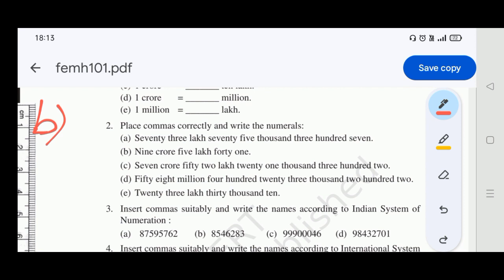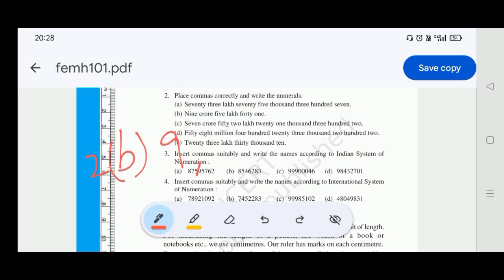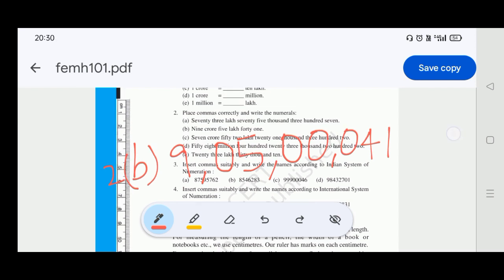So it is 9 crore 5 lakh, there are no thousands, just 41. So the answer is 9 crore 5 lakh and 41.